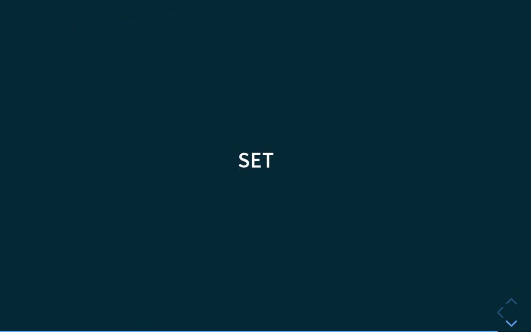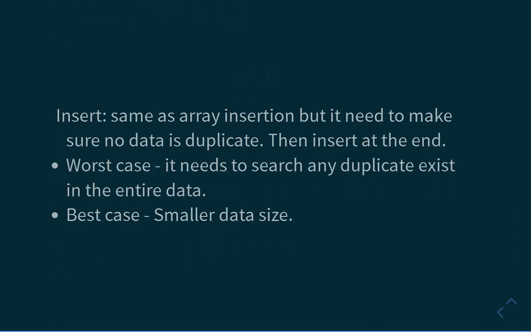For different structures like set, we have to be careful about duplications. So everything else is the same, like reading and searching, but for insertions in our set data structure, we have to first search and compare if the data already exists.